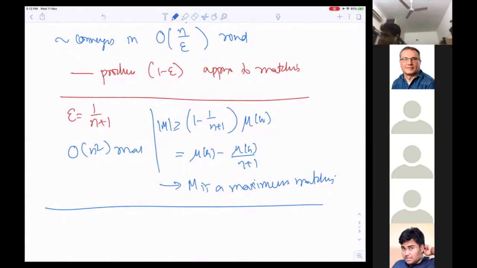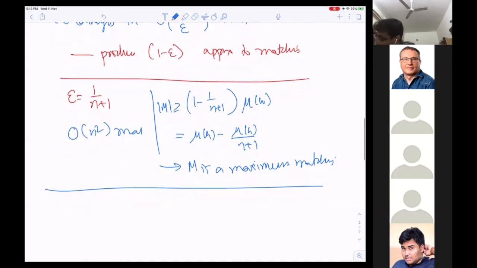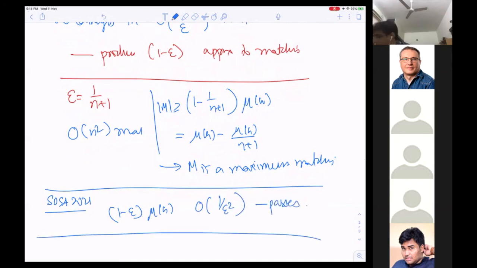Why is this algorithm very interesting? Because I just read today, in SOSA 2021 they showed that a modification of this auction algorithm can find a 1 minus epsilon approximation to maximum matching in order 1 over epsilon square passes.